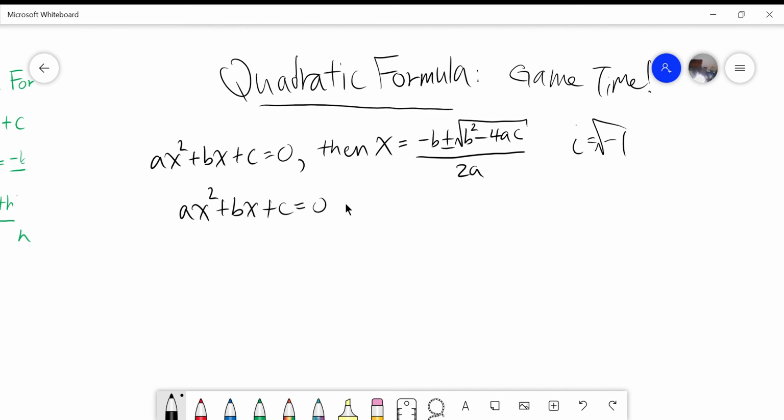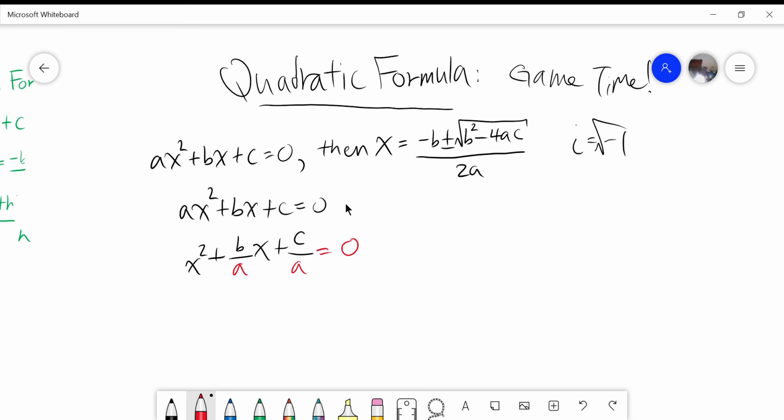And we're going to divide both sides by a, and so we get x squared plus b over a x plus c over a equals 0.